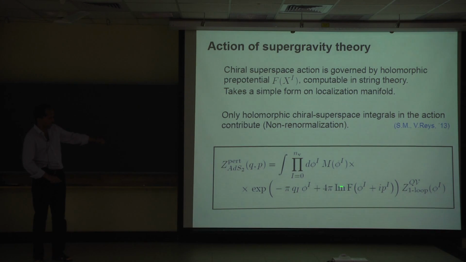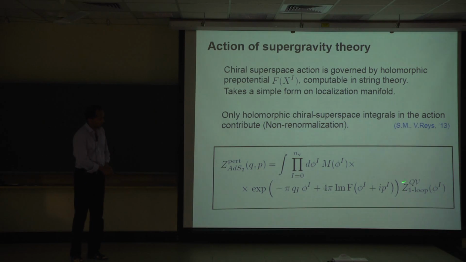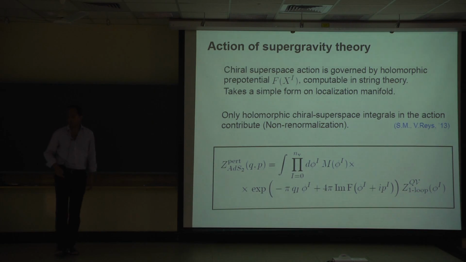So the exponential of the action, which is simply the Legendre transform of the imaginary part of the prepotential evaluated on phi I plus i pi I. Okay, so this begins to look a lot like the OSV formula. And there's also this one loop determinant in the localization formula of the Q_V action as a function of the phi I.